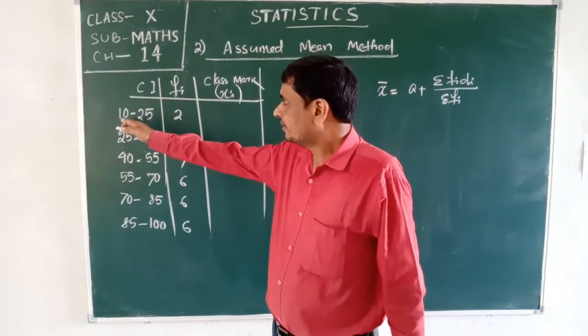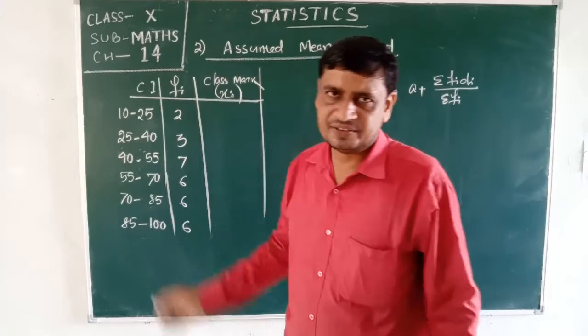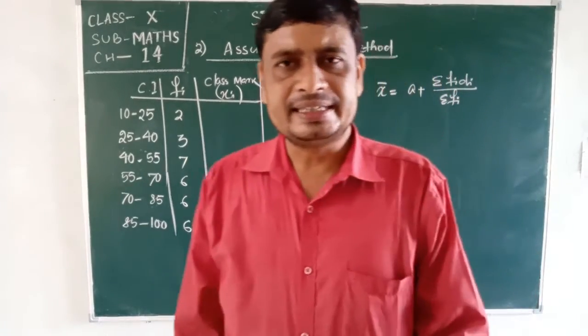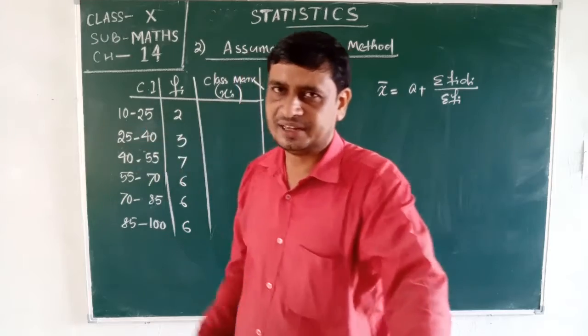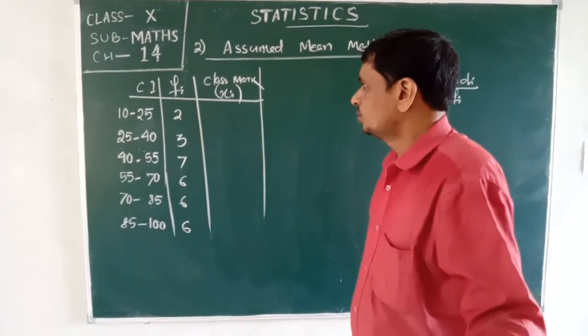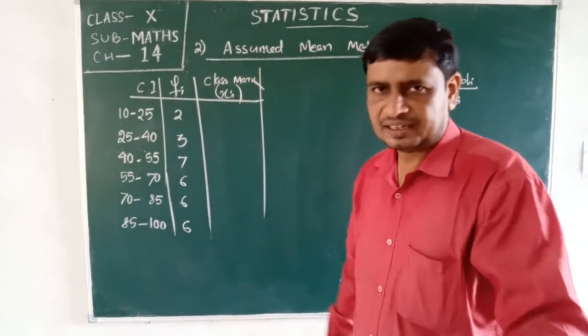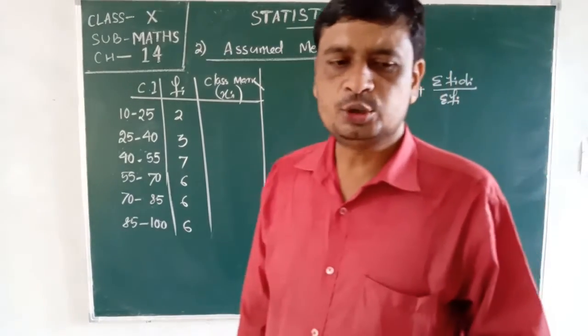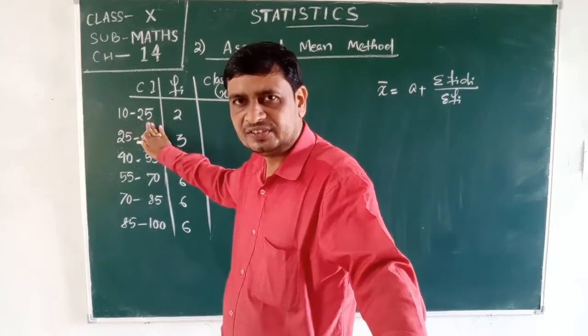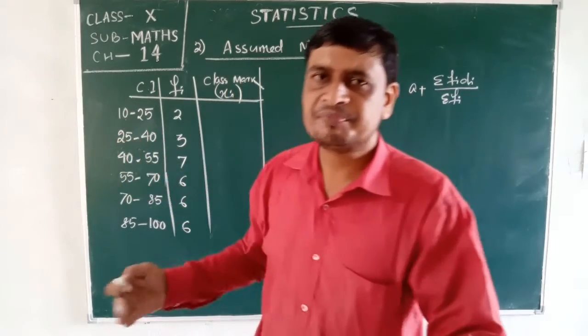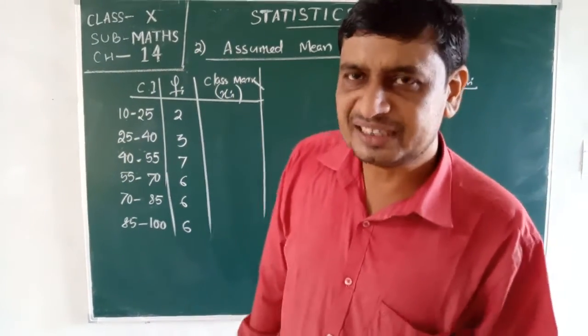For the class 10 to 25, lower class limit is 10 and upper class limit is 25. So the class mark for the class 10 to 25 is 10 plus 25, that is 35, by 2, is 17.5.